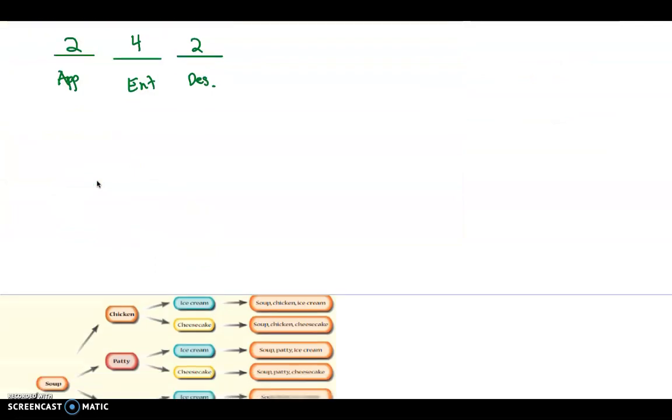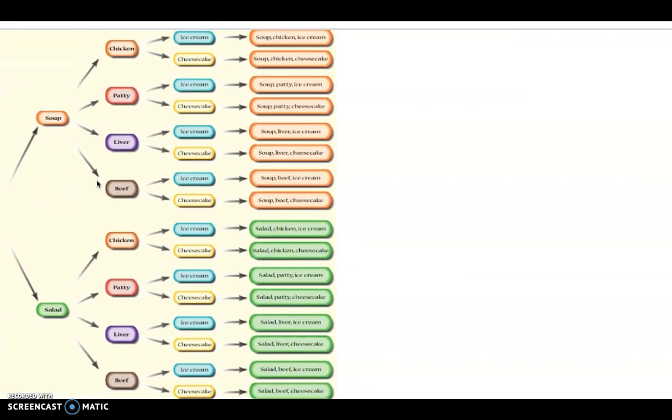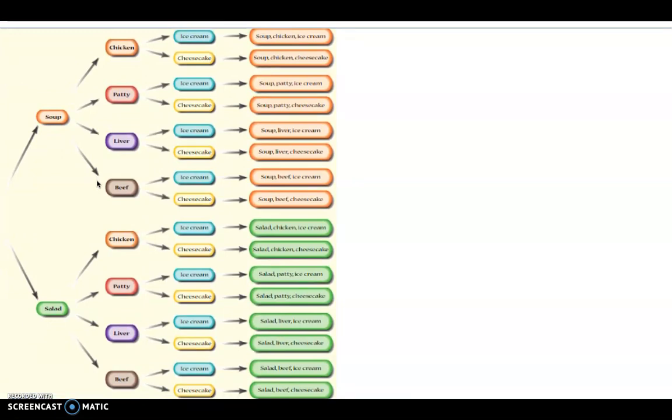Well, here's a picture. We'll come back to what I had just a moment ago. Tried to fit it all on one screen. But here's where you start. So here you're just looking at the menu, and then say you choose soup. Well, once you choose soup, you've got 4 choices: chicken, patty, liver, or beef. Say you go with the beef. And then once you've chosen beef, let's say you go with the cheesecake. So you get this setup: soup, beef, cheesecake.